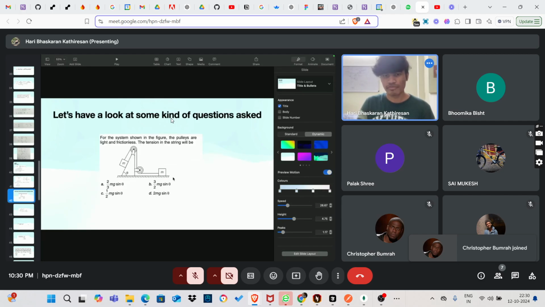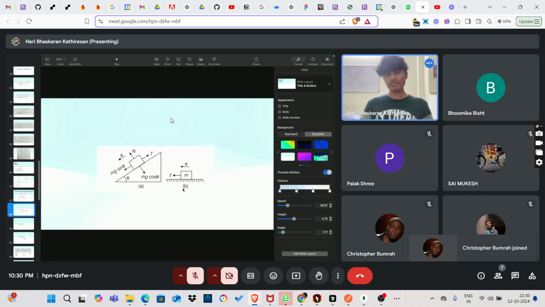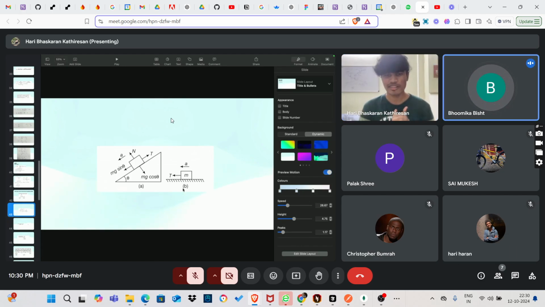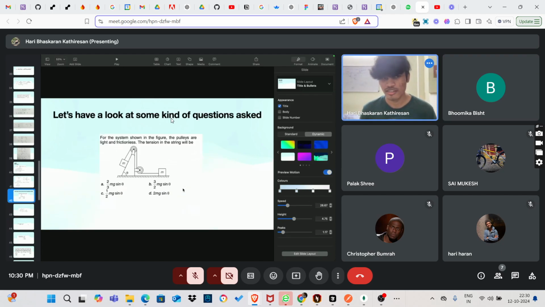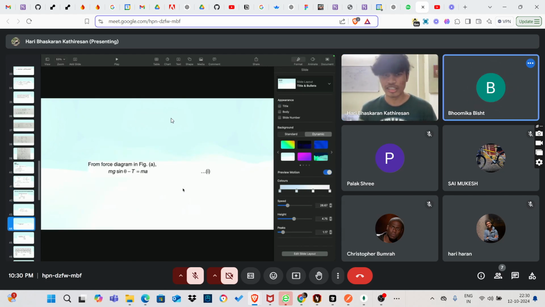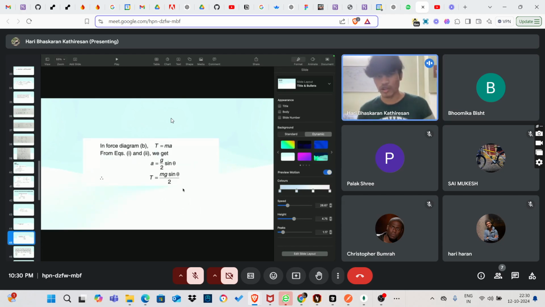Then what about this block? T is equal to what? ma. So you're saying the acceleration for both the blocks is equal. Yeah, they're equal. So you got the first equation for the first one, and the second one is T equals ma.